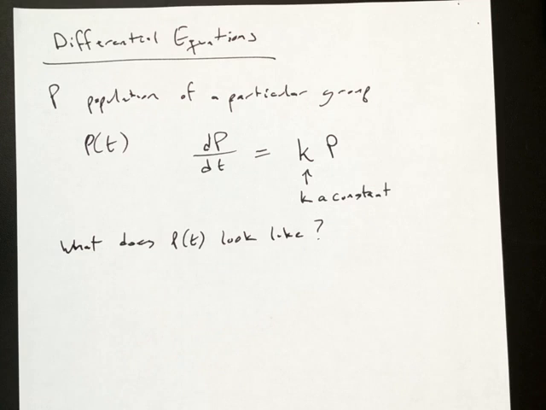None of them match themselves exactly, or at least up to a multiple. What's a function that is exactly equal to its own derivative? E to the x. So if I can figure out how to account for that k there, I can use an exponential.